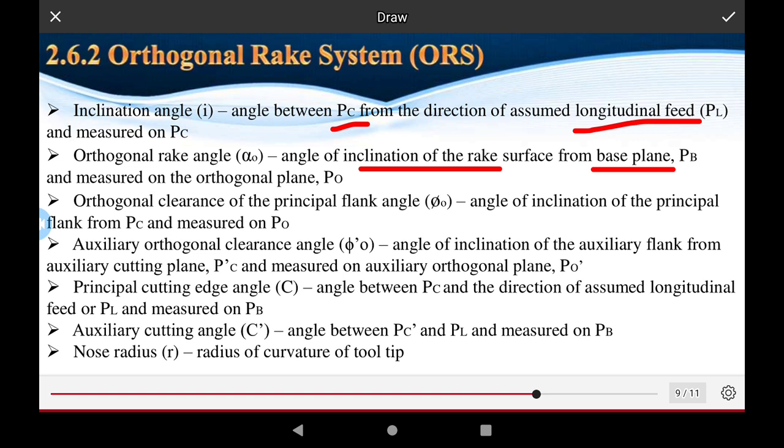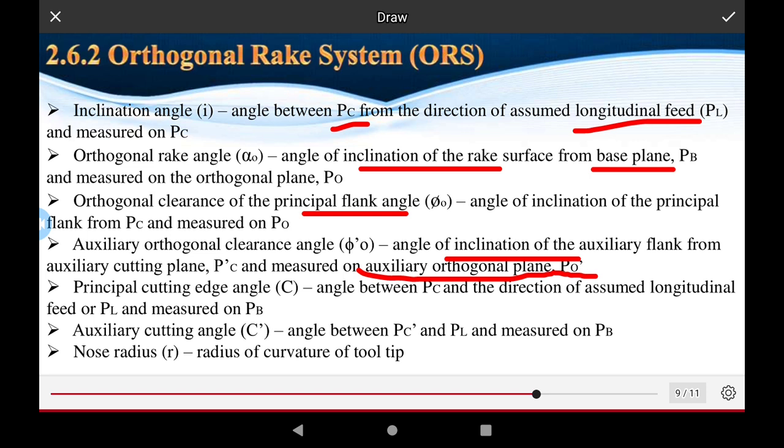The orthogonal clearance of the principal flank angle is phi e. The angle is the inclination of the principal flank from PC, measured in P naught. Auxiliary orthogonal clearance angle is phi naught. It is the angle of inclination of the auxiliary flank from the auxiliary cutting plane PC, measured in the orthogonal plane P naught.